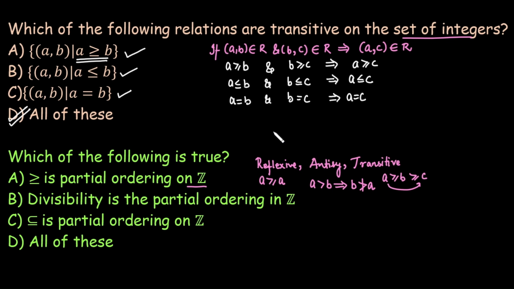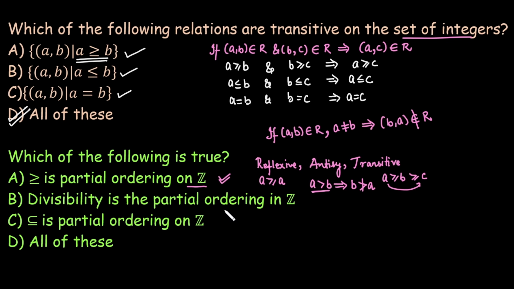As per the antisymmetric condition, if the ordered pair (A, B) is a part of the relation where A is not equal to B, this implies the reverse ordered pair should not be there. We deal with non-equal elements, so equality is removed. Can you say that B is not greater than A? Yes. We can say that greater than or equal to is a partial order on the set of integers.